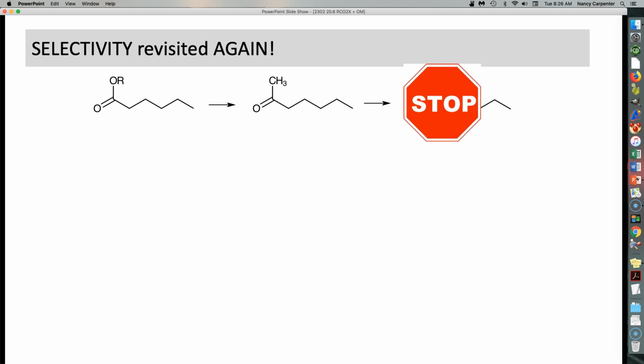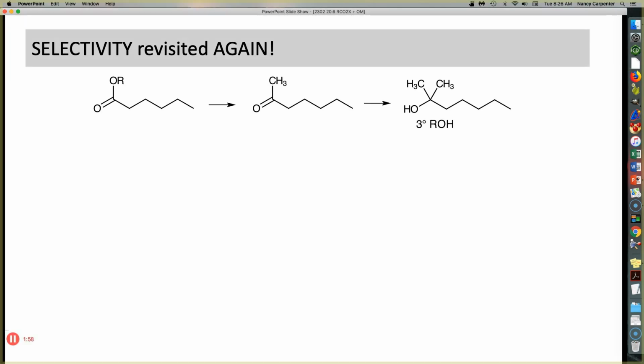In other words, when we add our organolithium or our Grignard, even if we specify one equivalent, let's say we're using methyl lithium, we're still going to get it to add twice and give us the tertiary alcohol wherein two of the alkyl groups on the tertiary alcohol are identical.